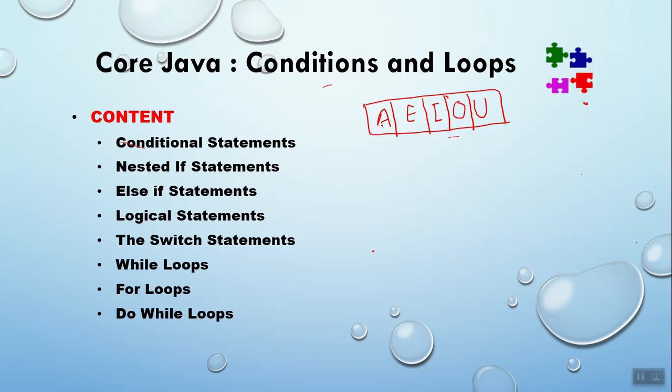Suppose it's a char type variable, and you say C. If C is equal to A, what will you do? You have to print vowels.